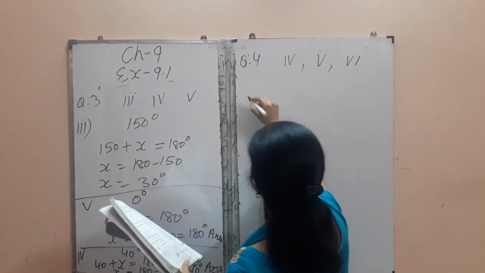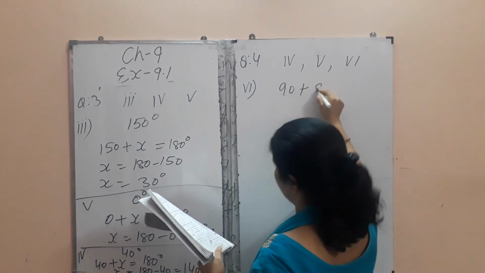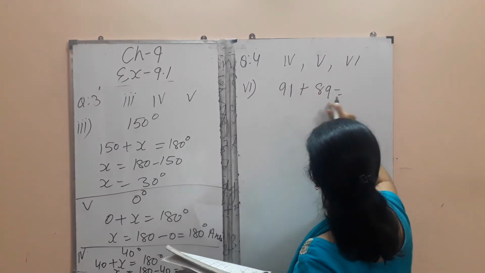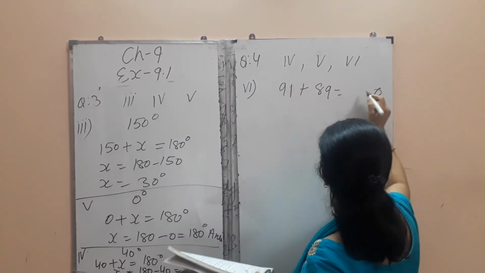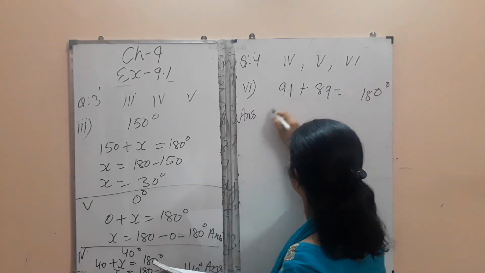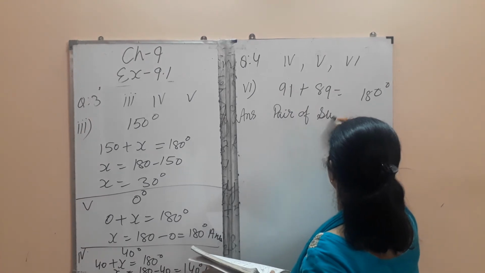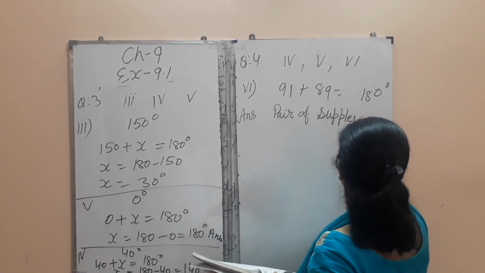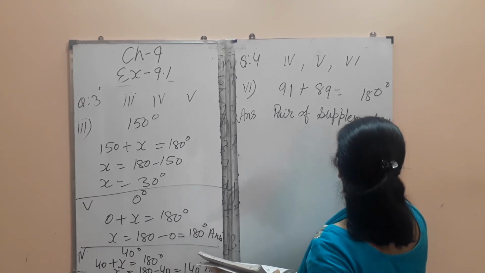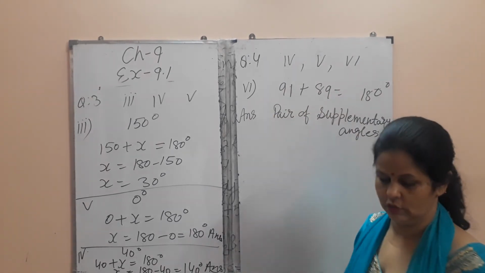One part I am doing for you: 91 plus 89 equals 9 plus 1 is 10, 8 plus 9 is 17, plus 1 is 18. So 180. So the answer is a pair of supplementary angles. Understood? Like this you will do the other parts also.